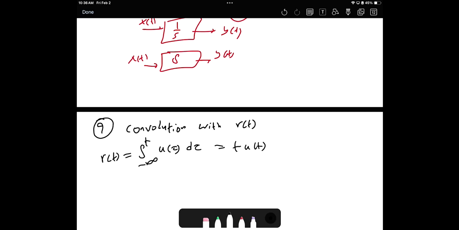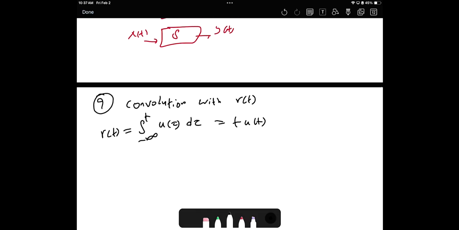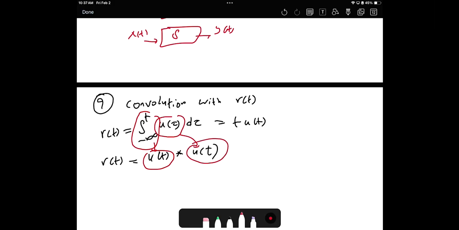So in other words, we can replace r of t with u of t convolved with u of t. Why u of t convolved with u of t? The first u of t comes from the integral, and the second u of t comes from inside it.